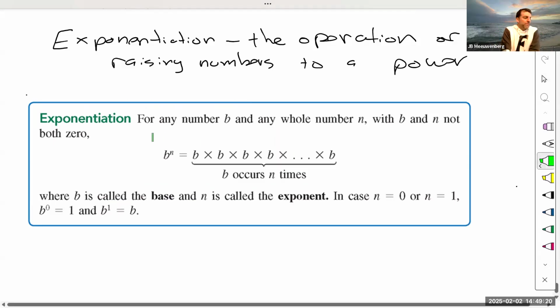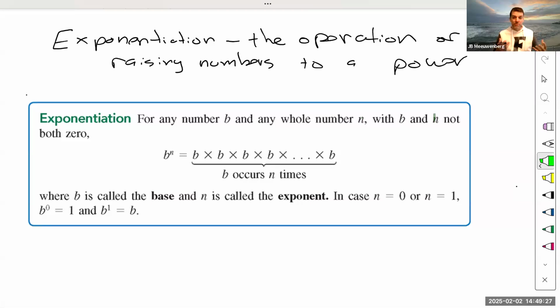So exponentiation, for any number b and the whole number n, with b and n not both 0, one can be 0, but not both of them, we say this: b to the n power, b to the n, is equal to b times b times b times b times b, n number of times, right? So it's repeated multiplication. That's the key.